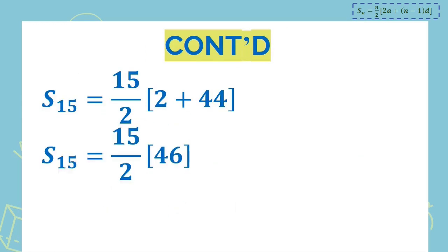We can further simplify this to give us 15 over 2 multiplied by 46. And that will produce our final answer to be 345, meaning that when we sum the first 15 terms in the linear sequence, we are going to produce 345.